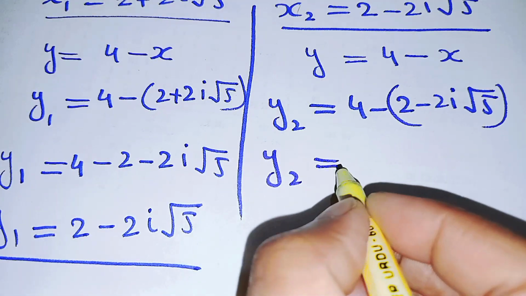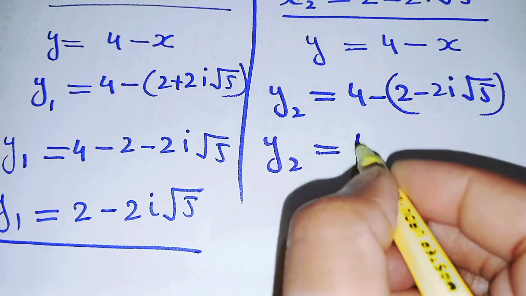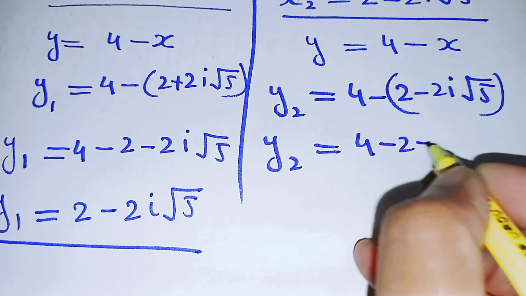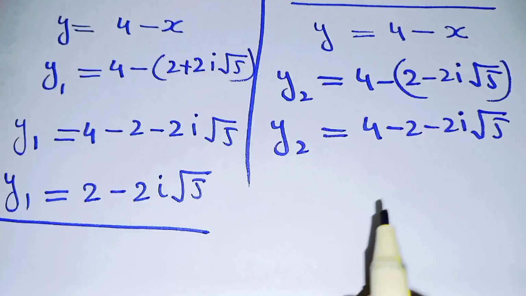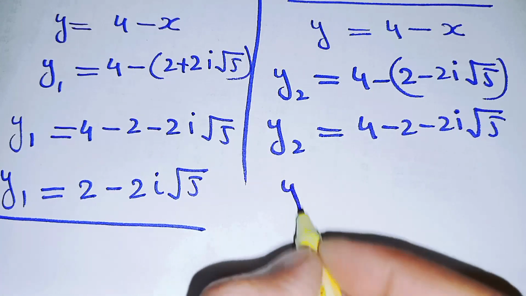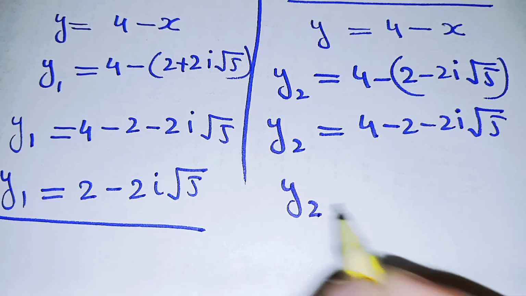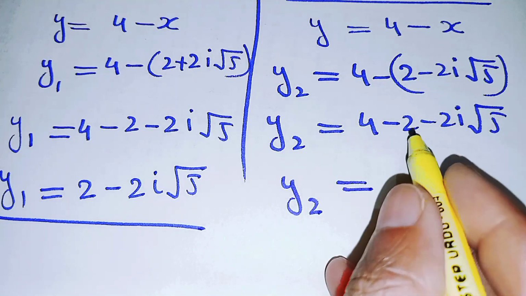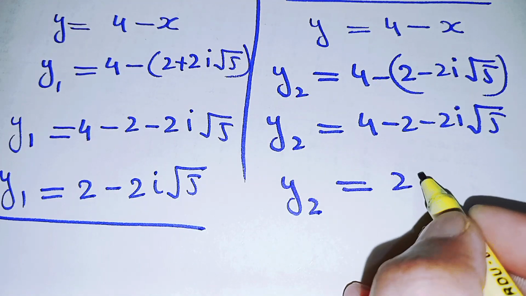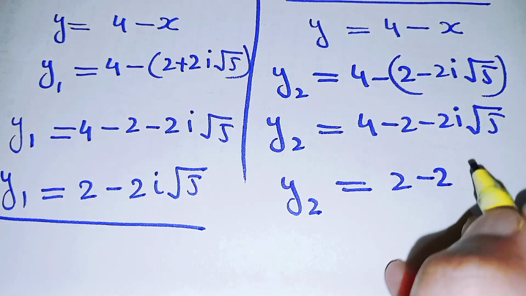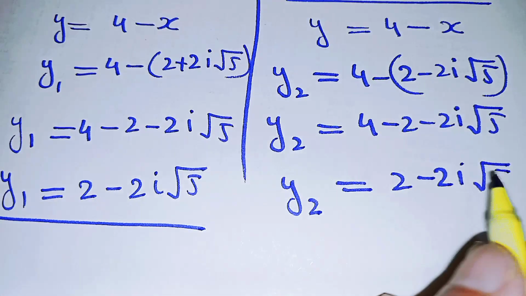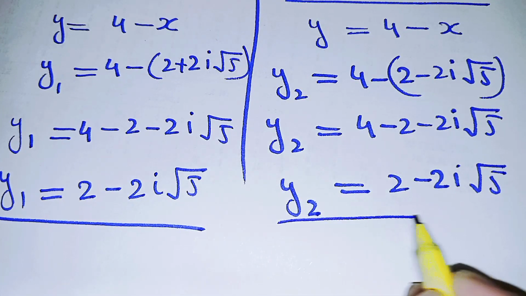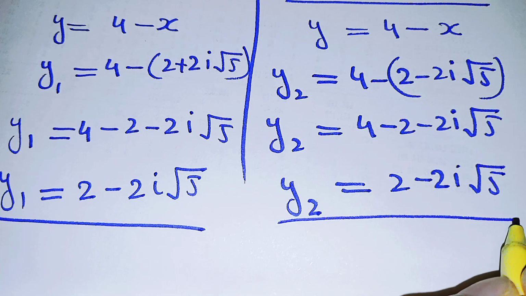So y2 is 4 minus 2 minus 2i square root of 5, and y2 is 4 minus 2, which is 2, plus 2i square root of 5. Here is the final second value of y.